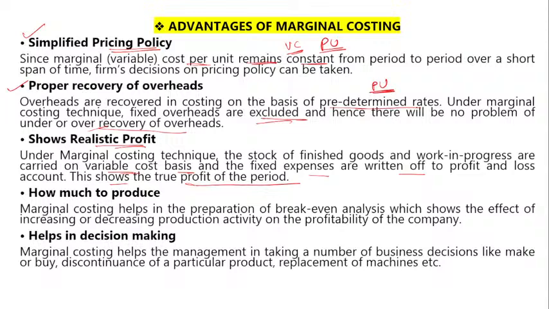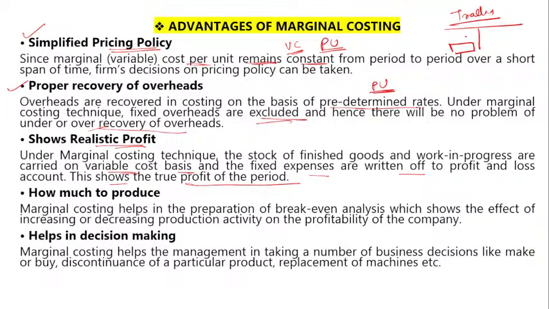When the company separately calculates or transfers its fixed expenses to the profit and loss account, then in the trading account statement the company actually knows the true profit at the end of the period, how much the true profit is excluding the fixed cost.